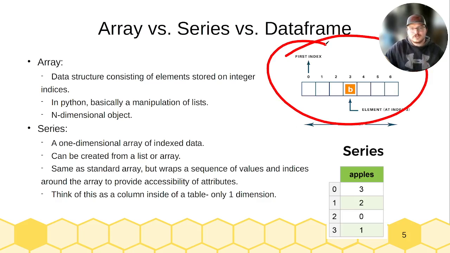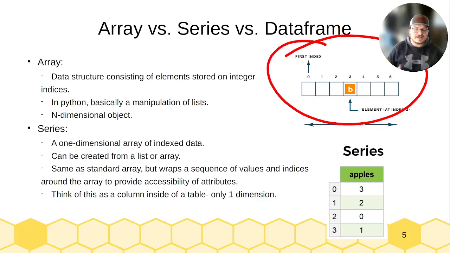Now, this works just fine, but it can get confusing because arrays are n-dimensional objects that are basically represented as lists in Python. So if you have too many dimensions without a name attached to it, you may confuse yourself. So what Pandas does is it takes that array, which is a really useful data type, and it adds what we call a series object on top of it.